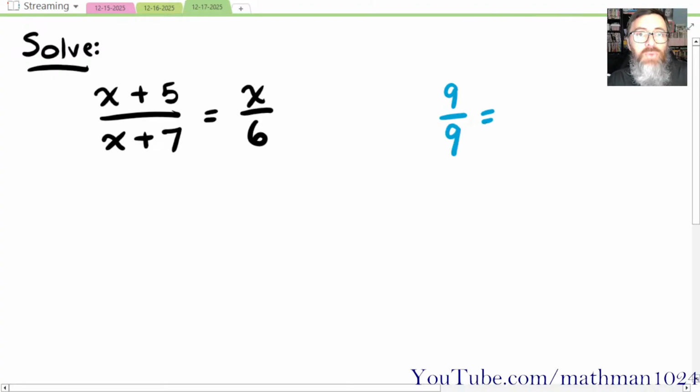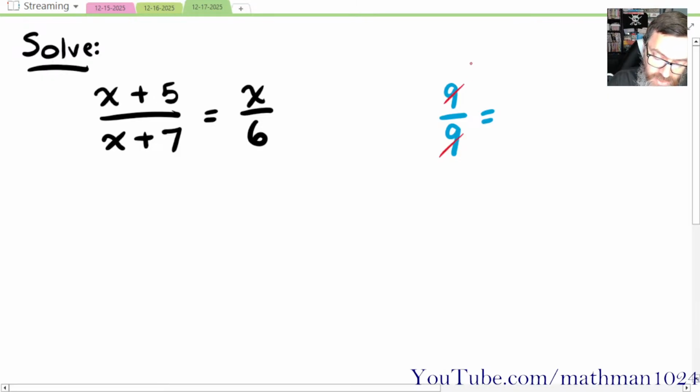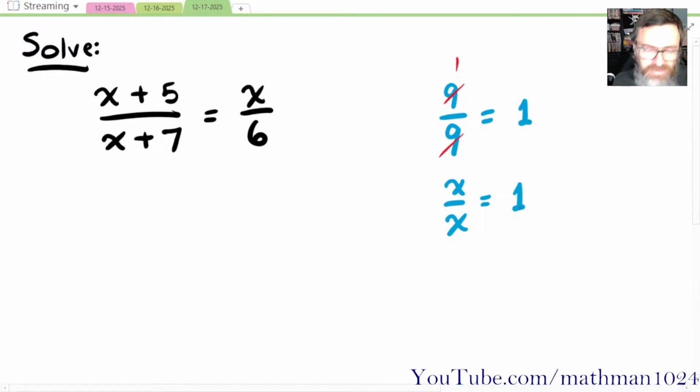No, they reduce because 9 goes into 9 one time. So the answer here is 1, not 0. When you talk about variables and you say x divided by x, you might convince yourself that it equals 1, or say that they cancel each other out. No, they reduce, right? But there's a catch here.